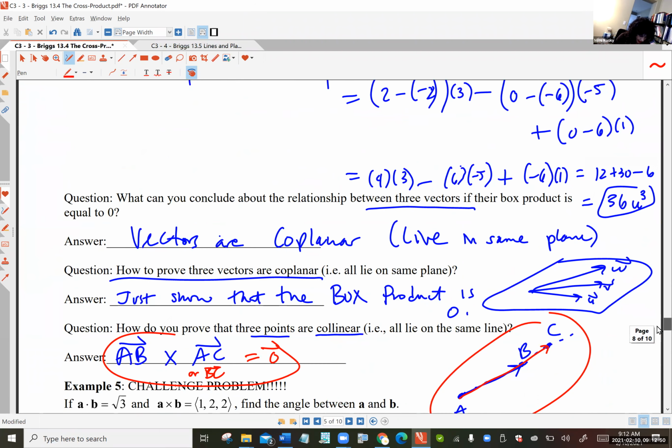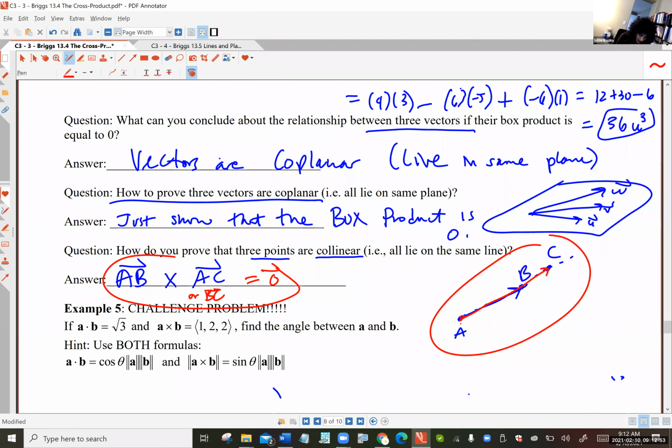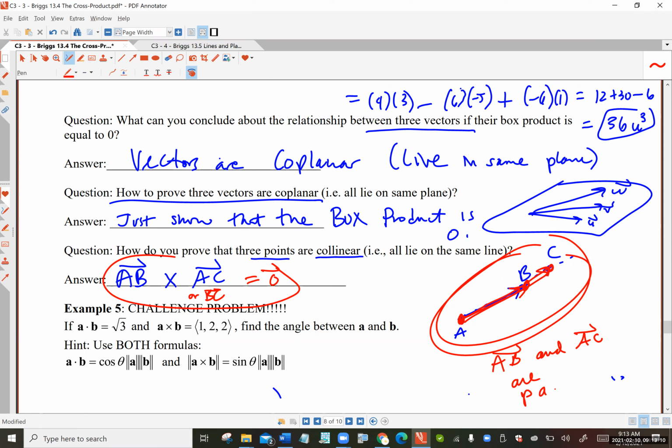So when they're saying, hey, is there a way to show that these 3 points live on the same line? Sure. Form a vector AB, form a vector AC, or a vector AB and BC. I don't care. Would you agree that AB and AC are indeed parallel? Yeah. And you're good to go.